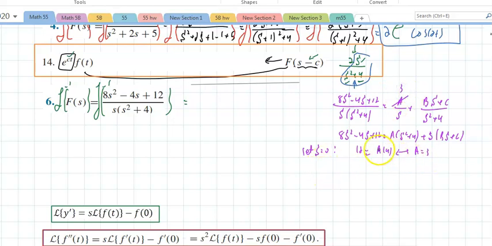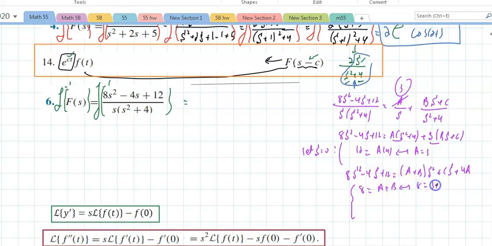And if I continue on and say 8s squared minus 4s plus 12 equals a plus b s squared plus cs plus 4a. That would indicate that 8 must equal a plus b. Since I already found a, 8 equals 3 plus b, so b is 5.